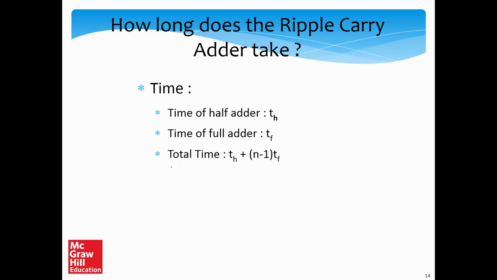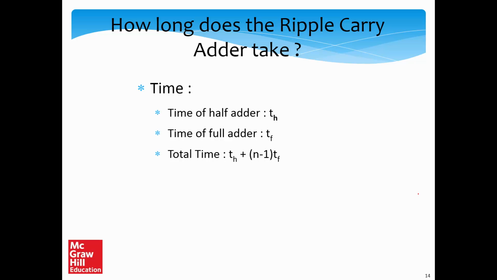So how long does the ripple carry adder take? When we design an adder, we should know how long it takes to perform the addition, such that when we compare two adders, we can compare them on the basis of time. Let us assume that the time a half adder takes is th and the time a full adder takes is tf.